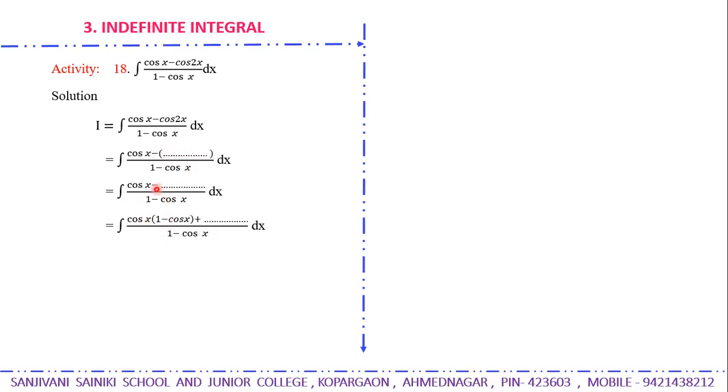Then cos x into 1 minus cos x plus something upon 1 minus cos x. Then you have to divide separately, this 1 minus cos x, numerator as well as denominator. What you will get? Here this cancels and you will get cos x plus something upon 1 minus cos x. In next step, what you will do? Here, after simplifying, you will get 1 plus cos x.